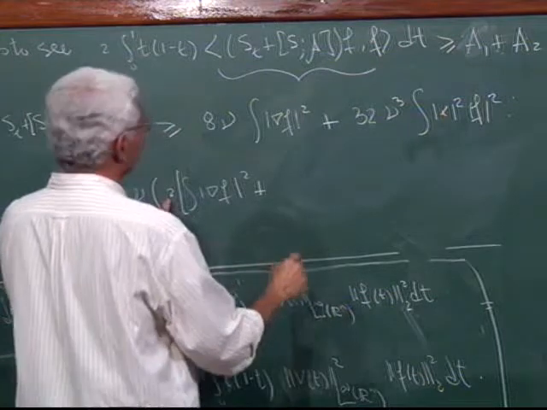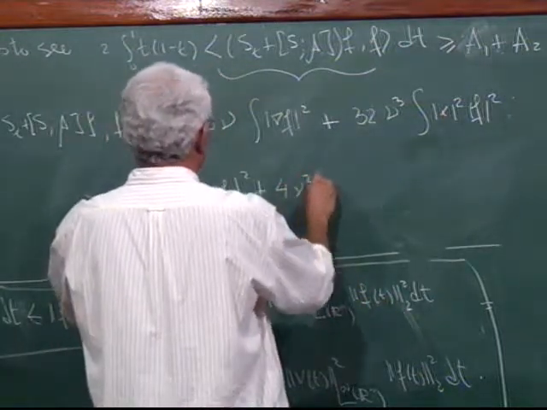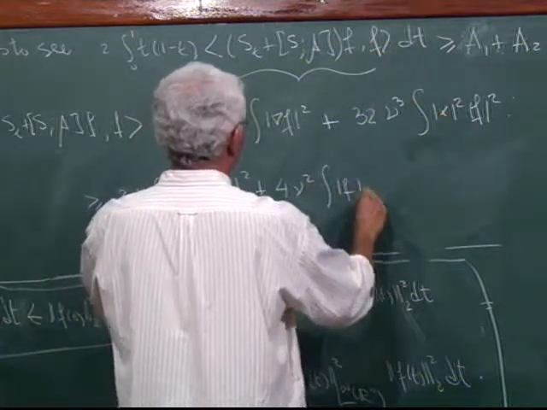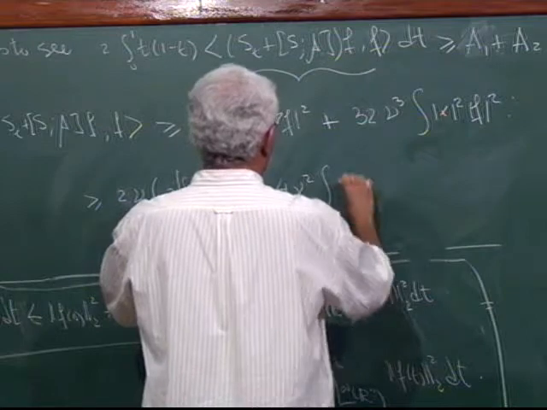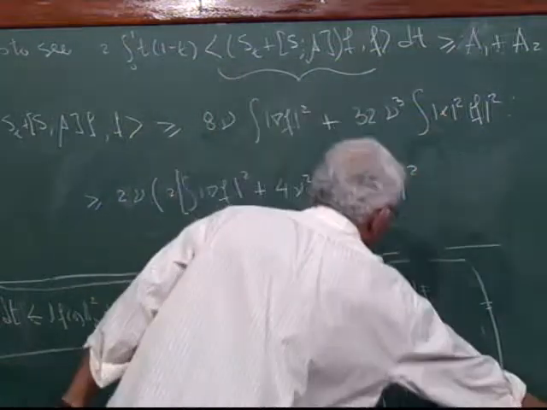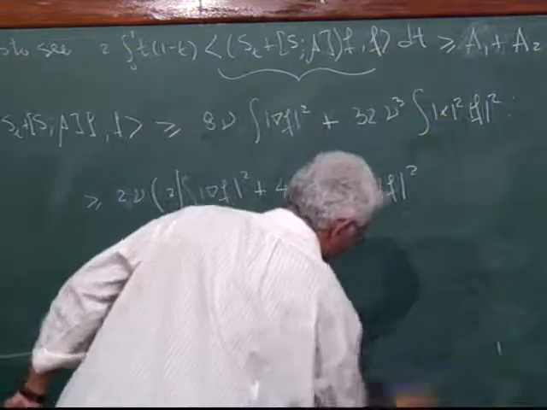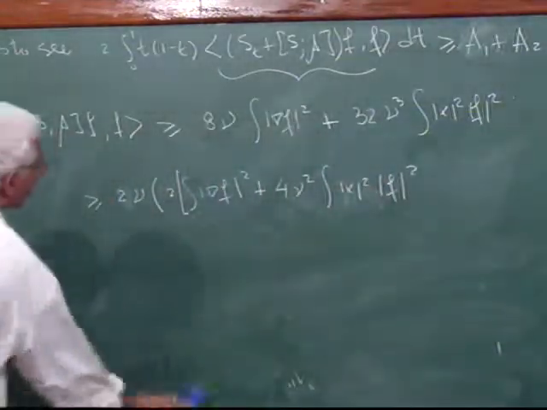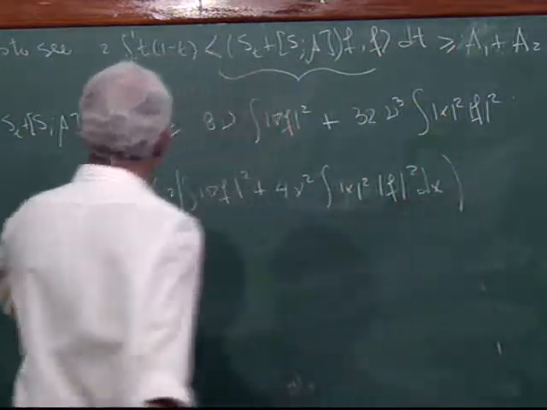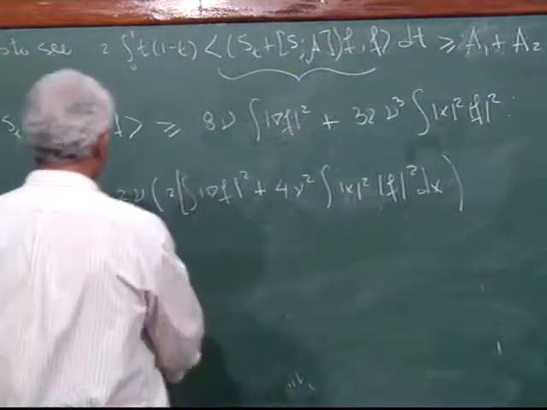Then you have 4 and another 4 here. I have this. Right? Plus, I forget this piece and I put this piece here.